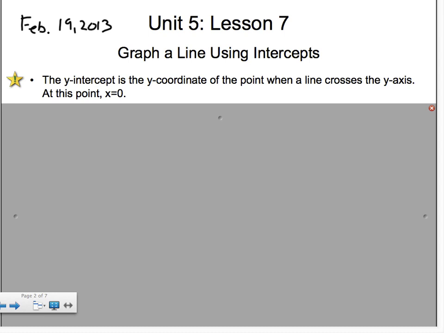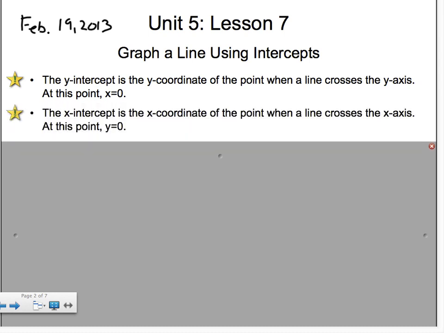What do you think is special about that point? Where y is equal to 0, exactly. So the x-intercept is the x-coordinate of the point where a line crosses the x-axis. And here we'll notice that y is equal to 0 at this point.